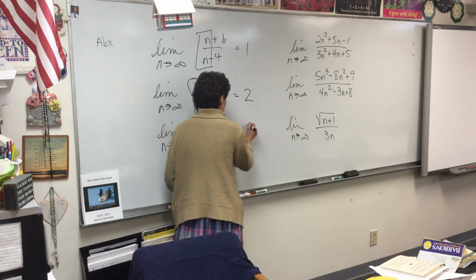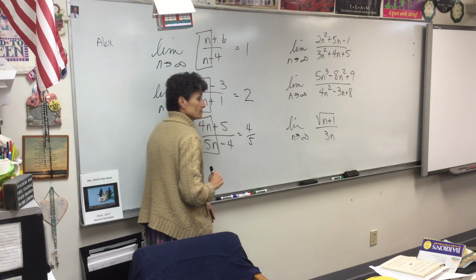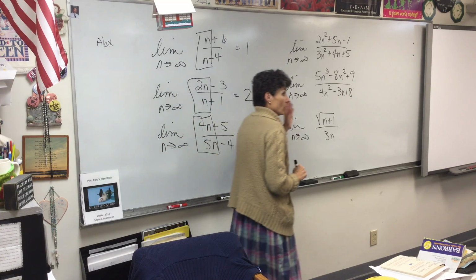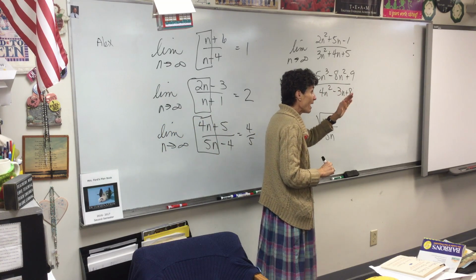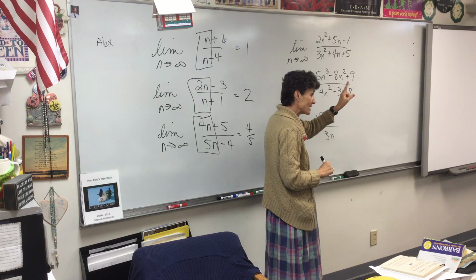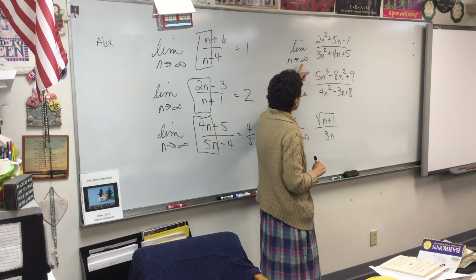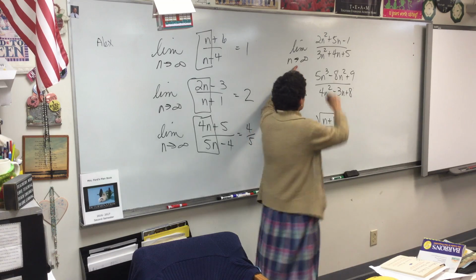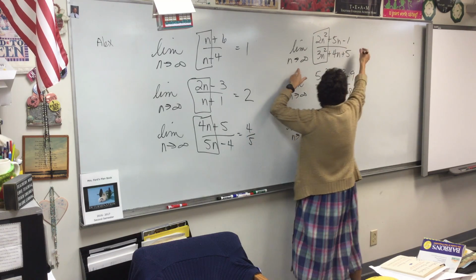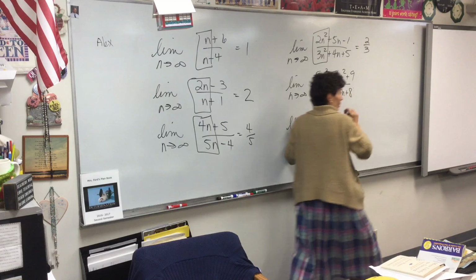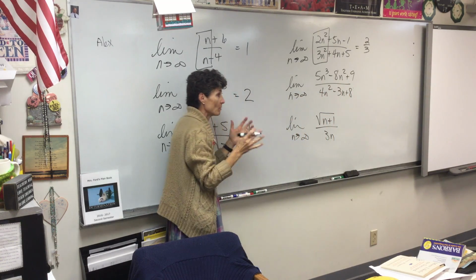What about this one? 4/5. Now, it's all about the biggest power. That's what it's about. So what's the answer to this question? 2/3. It is about the biggest power. We don't care about the other stuff.